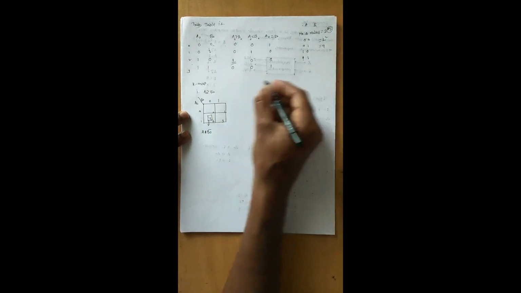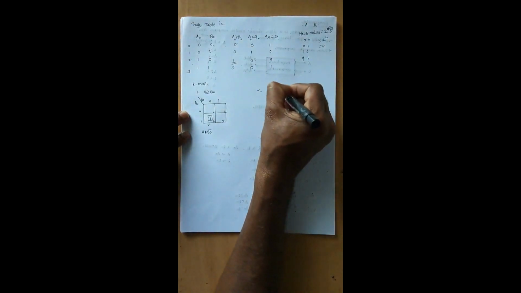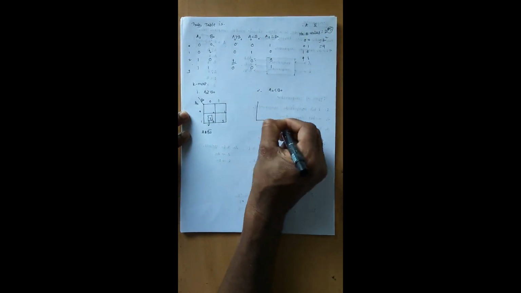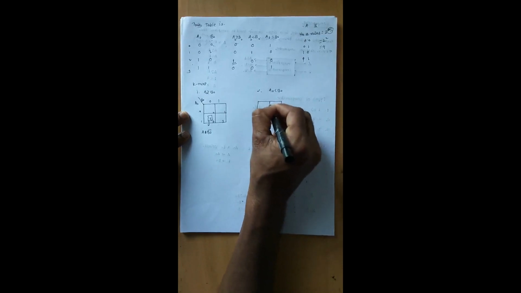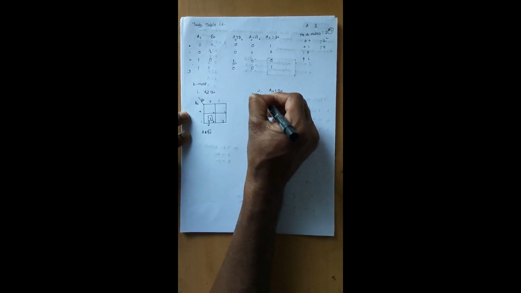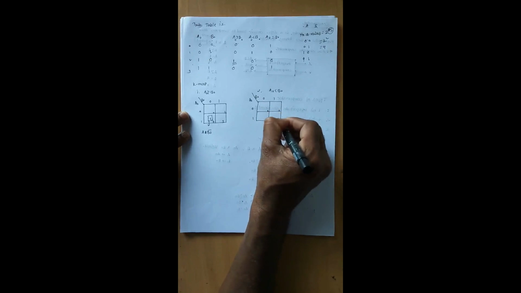Consider a K-map for the second, that is A0 is less than B0. A0, B0 are the inputs 0 1, and cells 0 1 2 3.